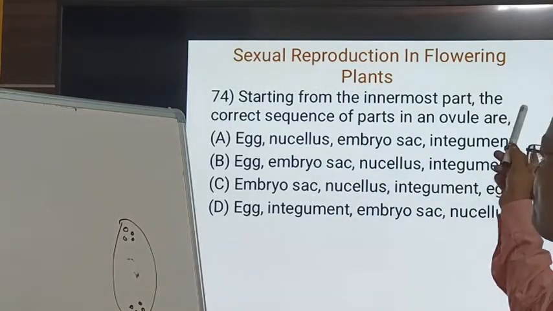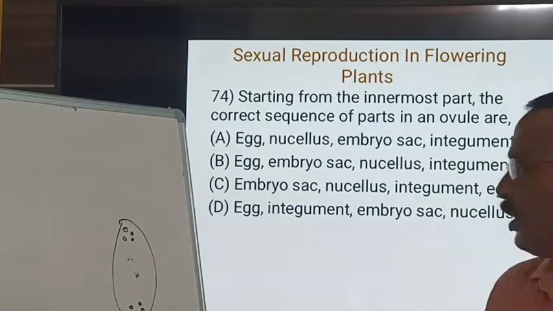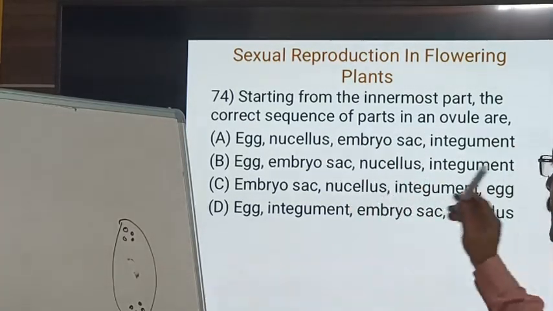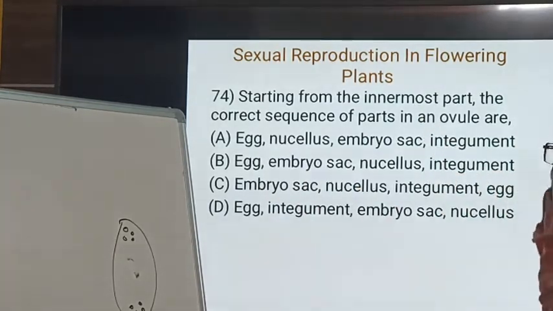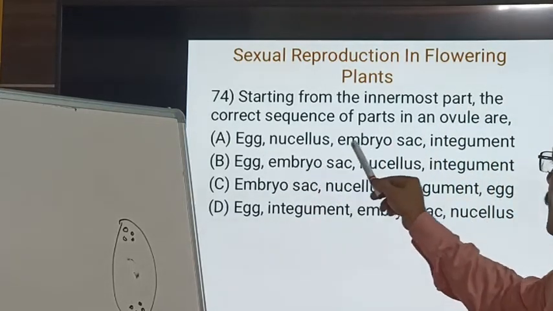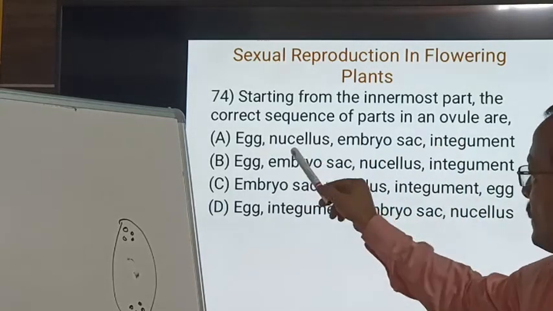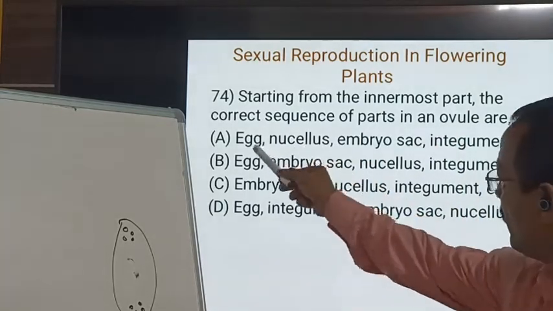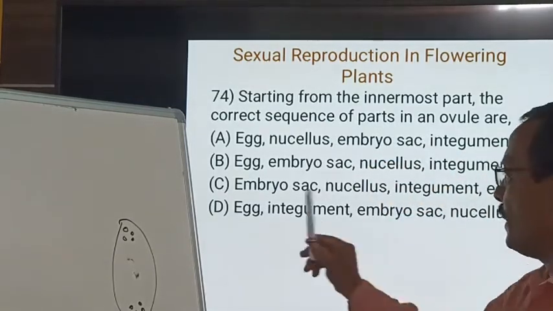Starting from the innermost part, the correct sequence in an ovule, you already know. Let us go with the options. Option A, egg, nucellus, embryo sac, integument. No. Egg is inside, of course, inside the embryo sac, inside the nucellus. So that option is not the right one.